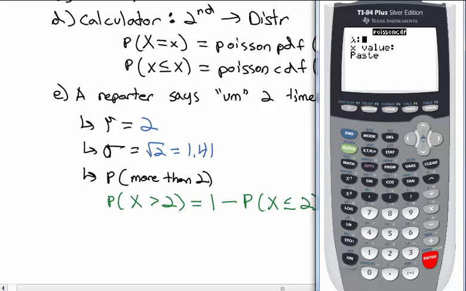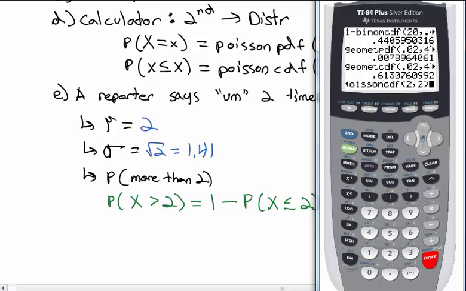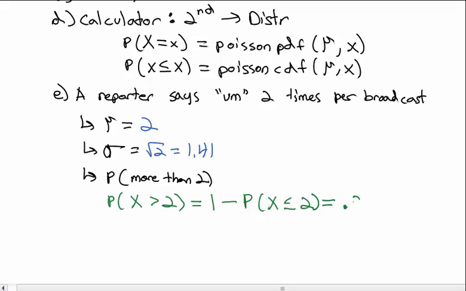It's asking for the average, the 2. We want to know the probability that it is more than 2, that he says it more than average, which is also a 2. We paste that in, hit enter, and it's going to say 0.3233. 32% of the time he says it more than average.